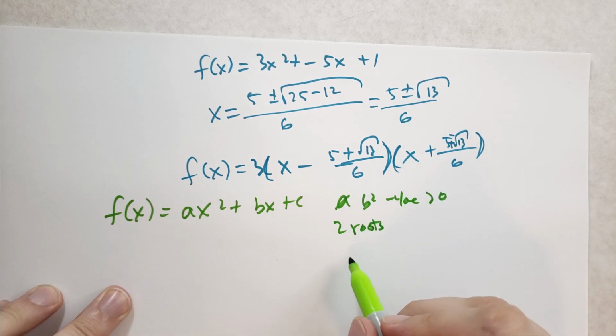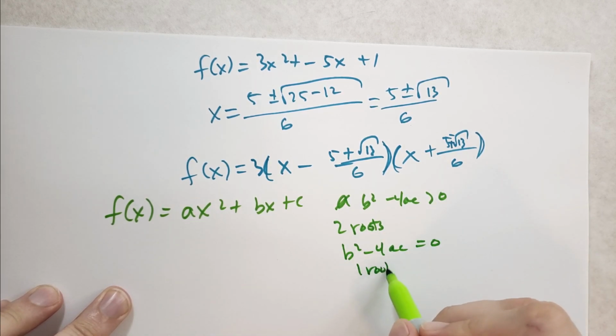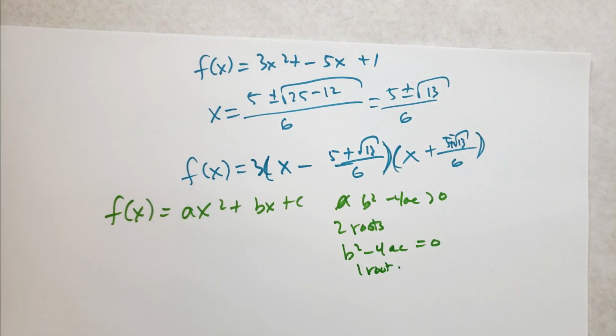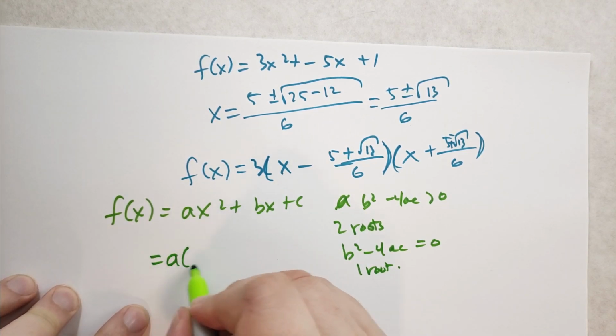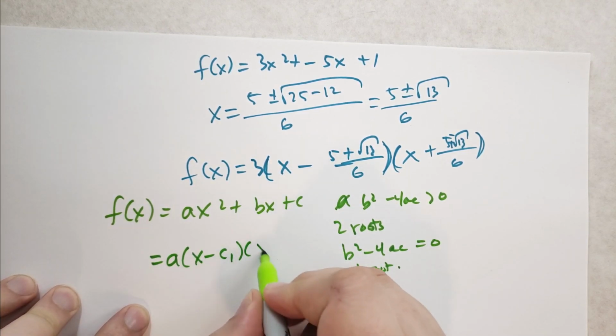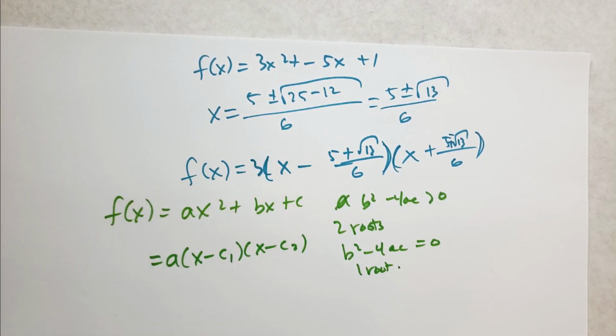If b squared minus 4ac is equal to 0, then there's one root. That's very straightforward. If we have two roots, then we rewrite this as a times x minus c1 times x minus c2, where those are the two roots of the function, just using the quadratic formula to find them.